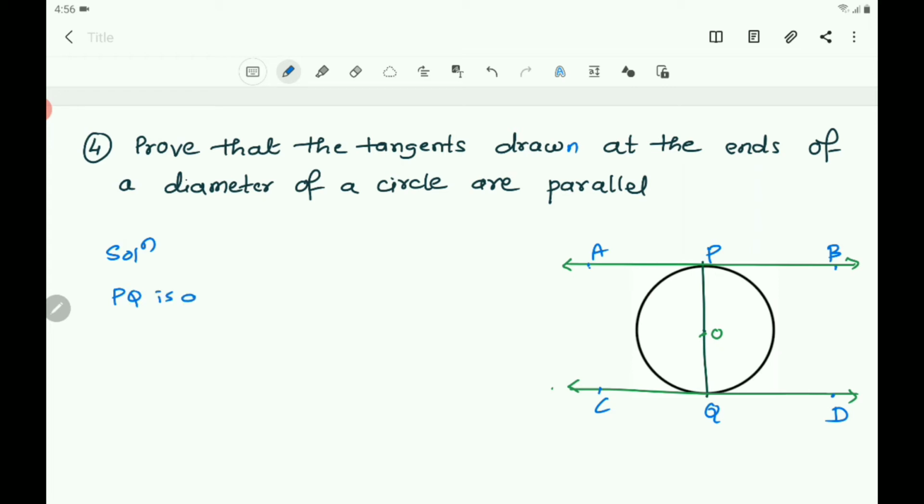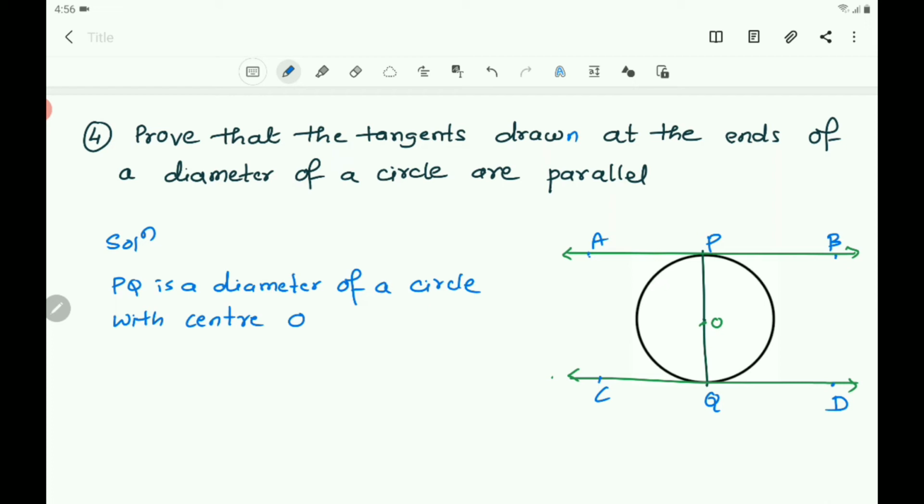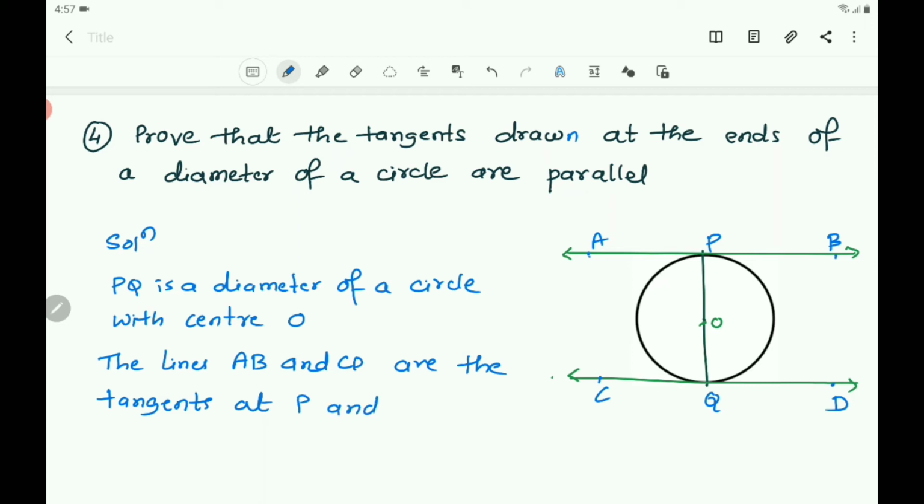PQ is a diameter of a circle with center O. The lines AB and CD are the tangents at P and Q respectively.